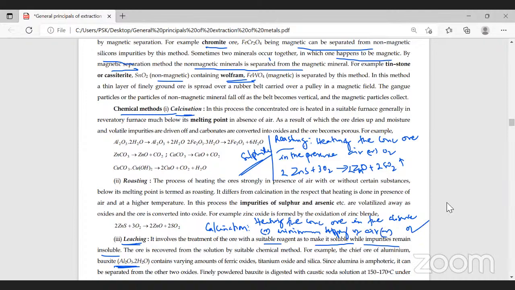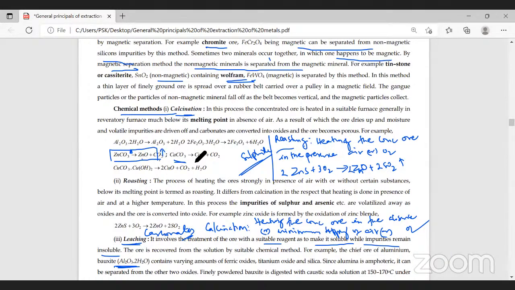So calcination is heating the concentrated ore in the absence of air or minimum supply of oxygen or air. Now here you can see zinc carbonate. Calcination is generally applicable for carbonate ores. So zinc carbonate, when you heat, will decompose to give zinc oxide, liberating carbon dioxide gas.